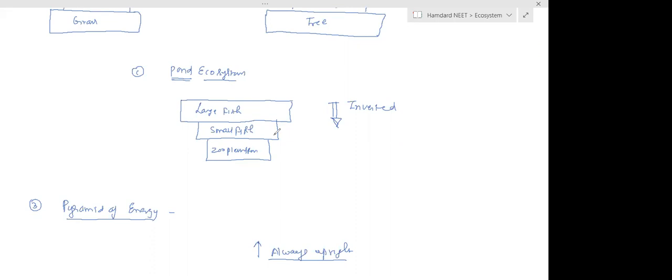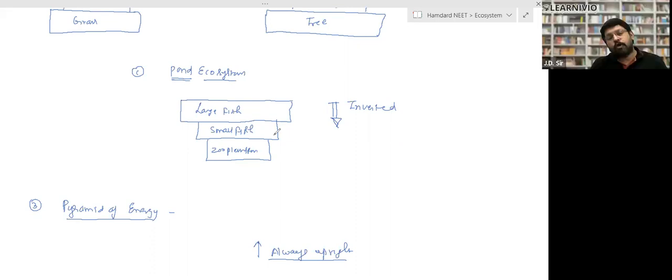Pyramid of energy will always be erect in every ecosystem, because at every next trophic level of the food chain, it will go down.